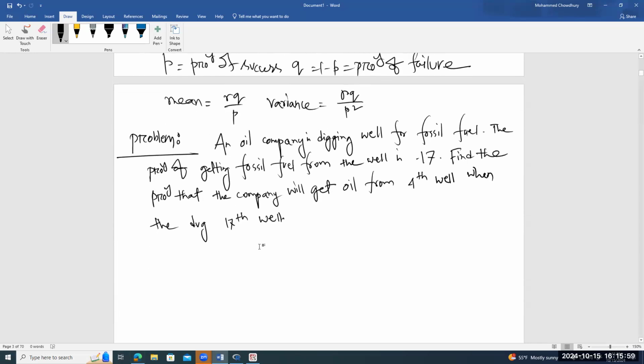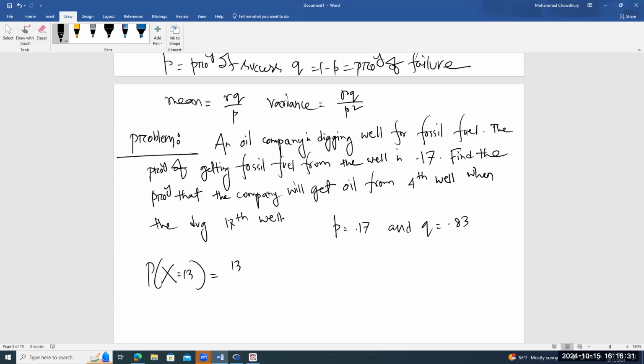So now if I want to solve it, our P equal to what? P equal to 0.17 and Q equal to 0.83. So now probability of X equal to what? X equal to number of failures, right? 13.